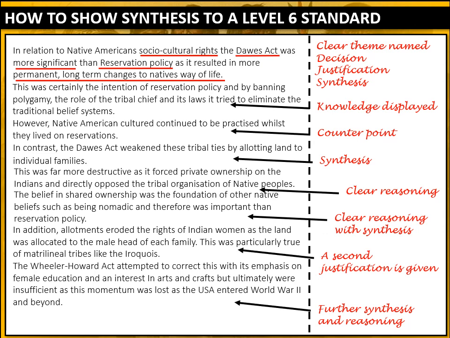If I was to move on from here, I'd add further sentences to elaborate on this, and then I'd give a mini conclusion. The Dawes Act was more significant because it had long-term changes or effects in terms of social, cultural, Native American rights.